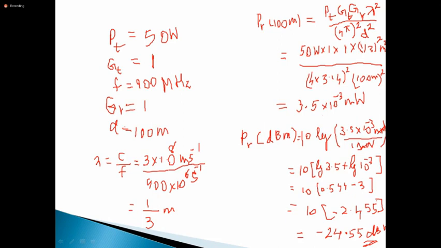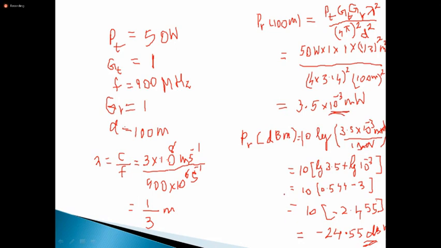So our mobile phones receive such a small power. The transmitted power is very high, that is 50 watts. Just consider that also.